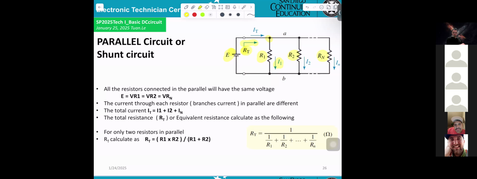We call it I1. Go to here, you get I2 or IN, depending on the resistor. So that tells you one thing: in the parallel, the voltage across each resistor will be the same.